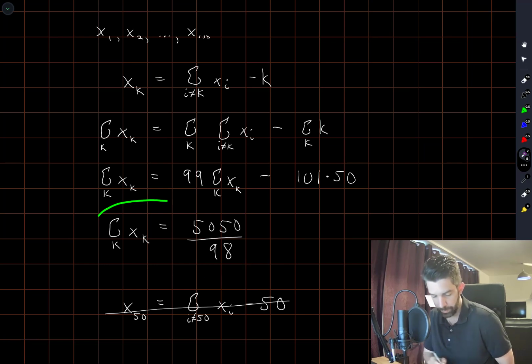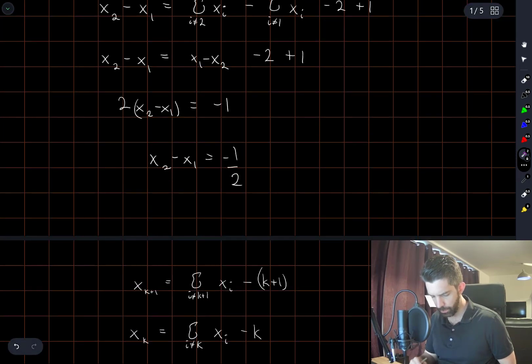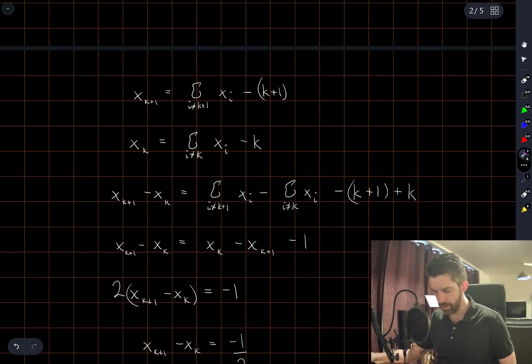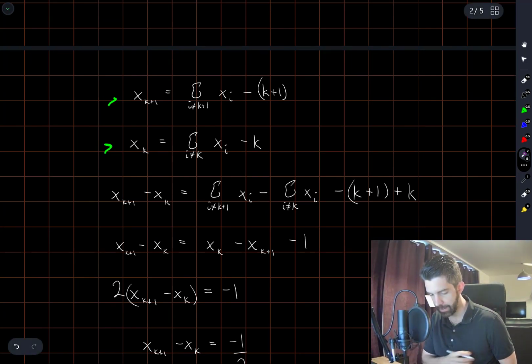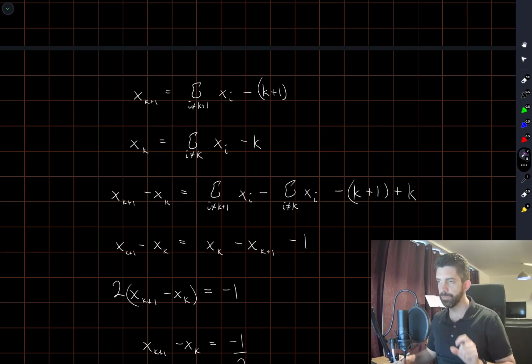I mean, I didn't know that this was going to be useful in the end, but even though it turned out to be, it was worth pursuing this anyway. And then the other key to this was writing down the expression for two subsequent values of k so that I could find the difference between two values.